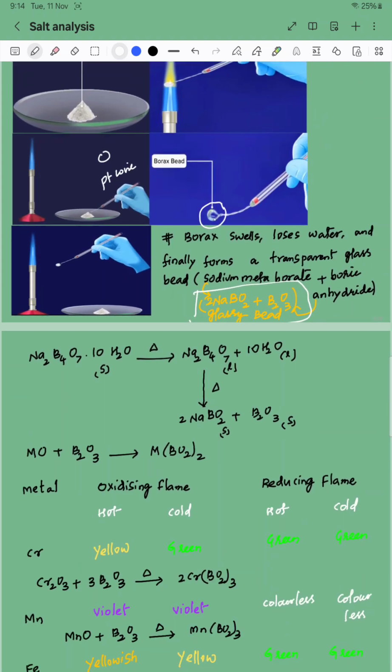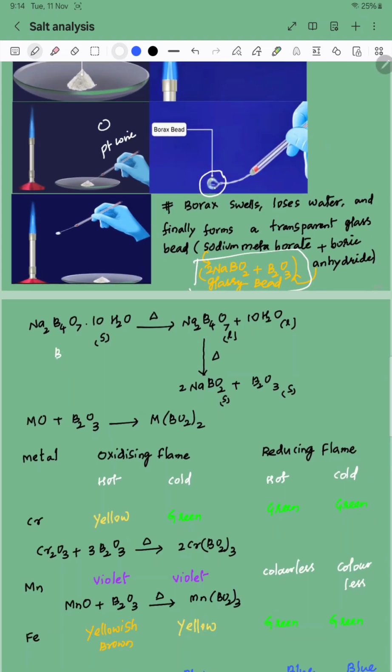Look at this, student: borax on heating loses water molecules and forms Na2B4O7, then on further heating we get sodium metaborate and boric anhydride. Now this boric anhydride reacts with metal oxide, so it will form metal borates with a different characteristic color, right?